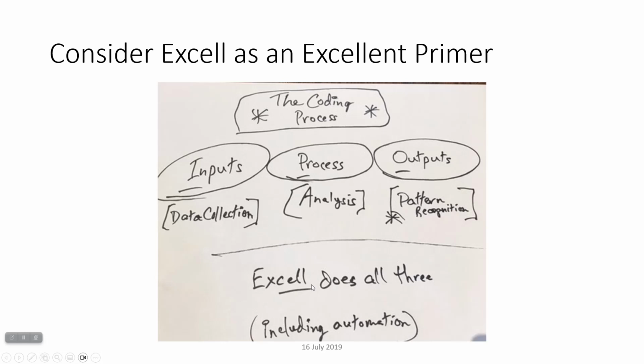I want this to stick in your brain like something that's odd, and we're going to show you how to automate calculations and calculating a series of data points in Excel. But Excel itself is an excellent primer about the coding process because every cell in Excel can store inputs. It can be used to process or analyze, or it can be used to display output. We'll share more in the next session.